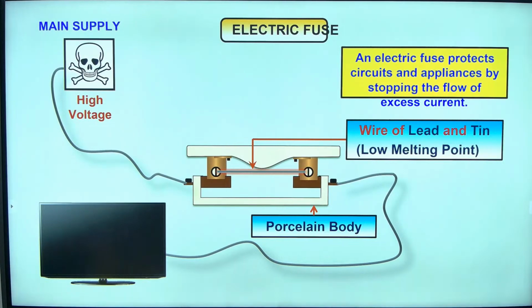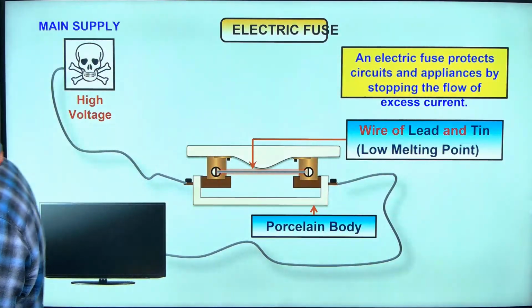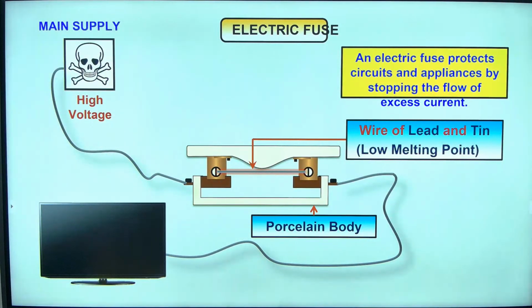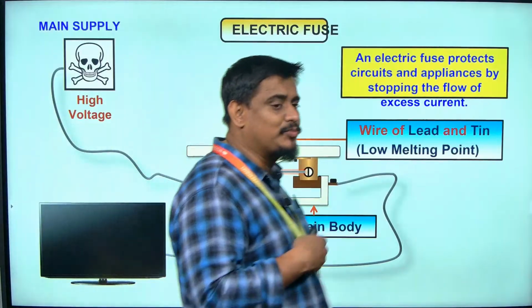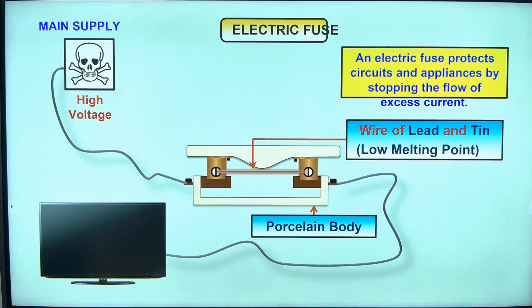Why do we want high resistance? Because current should pass slowly through it. Why do we want low melting point? Because if it is excess current, it should melt. If it is not melting, then the excess current will go and will spoil the device, isn't it? So remember, a fuse wire should have low melting point and high resistance.